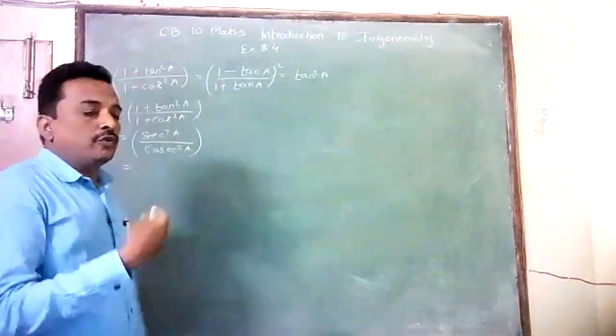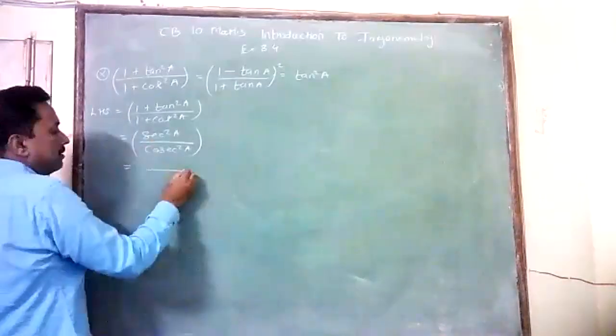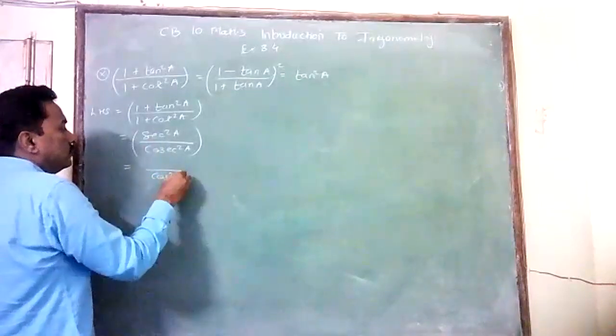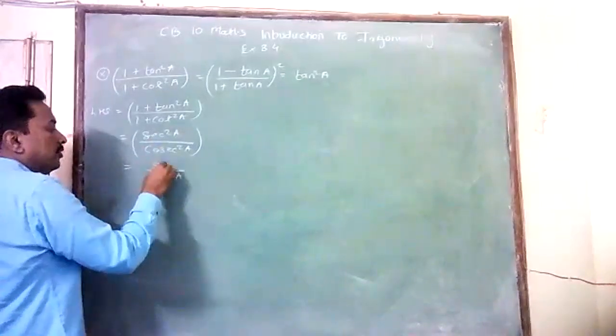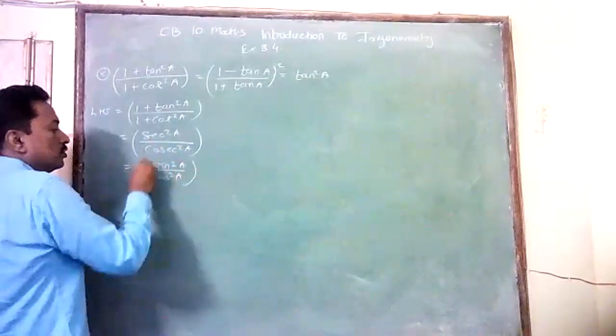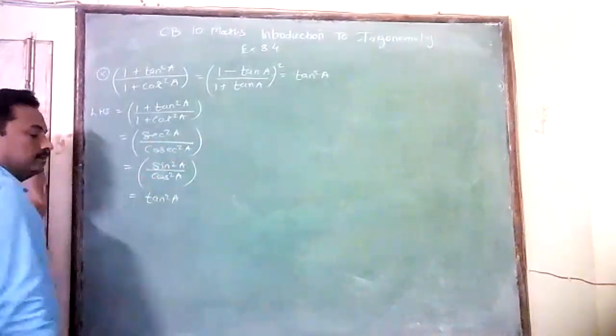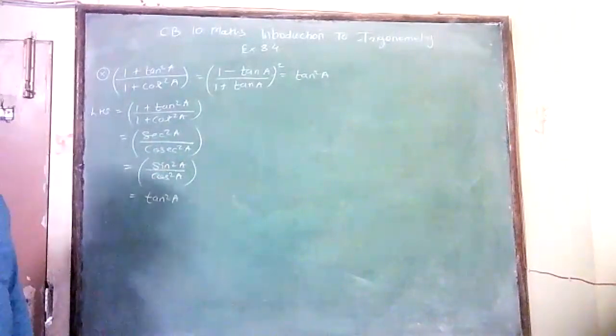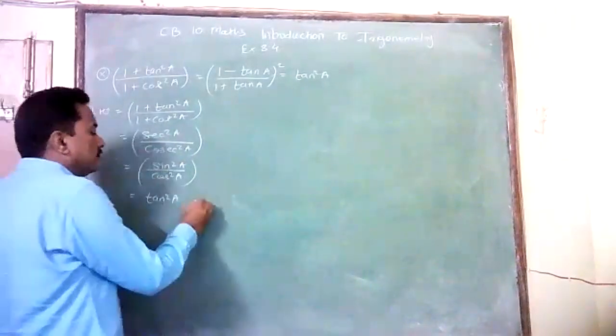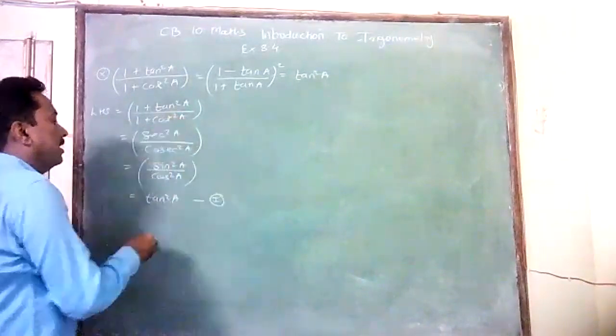So whenever sec goes at denominator, sec क्या होगा, cos होगा. And cosec ऊपर जाके क्या होगा, sin हो गया. तो sin square A upon cos square A होता है tan square A. करेक्ट. तो ये हो गया फर्स्ट. सेकंड मिडिल टर्म लेते हैं.